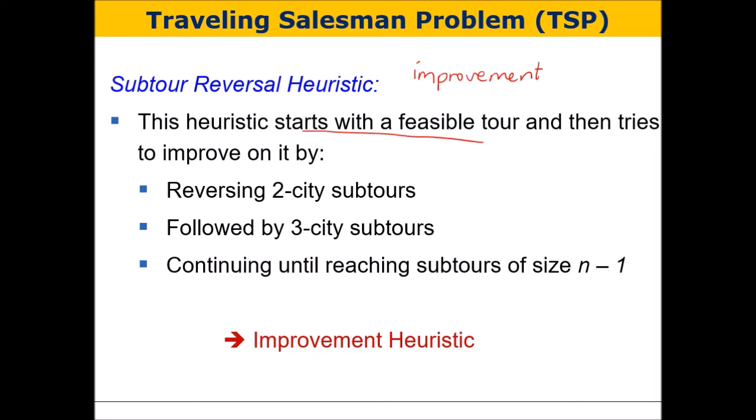Let's assume that we are given a tour. We reverse the order of cities. First, we reverse the order of consecutive 2 cities. So, for example, if the initial TSP tour is this one, let's say 1, 5, 2, 4, 3, and back to 1, we first try these 2-city subtours, which means that we reverse the position of 5 and 2, for example, and we obtain 1, 2, 5, 4, 3, 1.